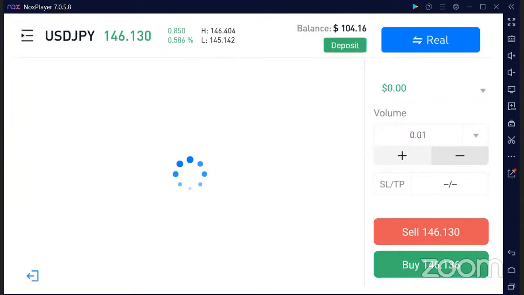Assuming you have $10 in your account right now, you open three positions. Then the three positions are in a loss. Let's say the first position is losing half of your money, which is maybe $5. The second position is losing maybe $1.